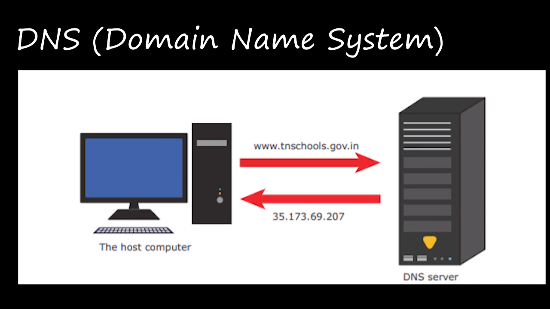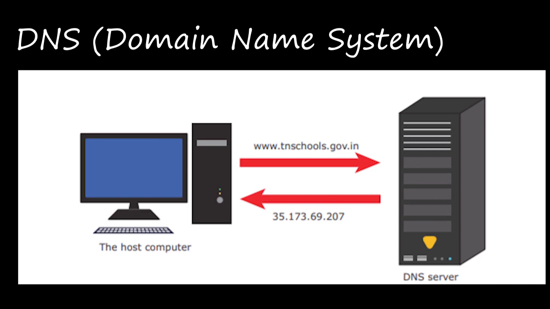In the same way, in the domain name system, you have a domain name like www.google.com. We give that in the address bar, and the machine will change that domain name into its IP address, right? If you type www.tnschools.in, the machine will change this domain name into the IP address.